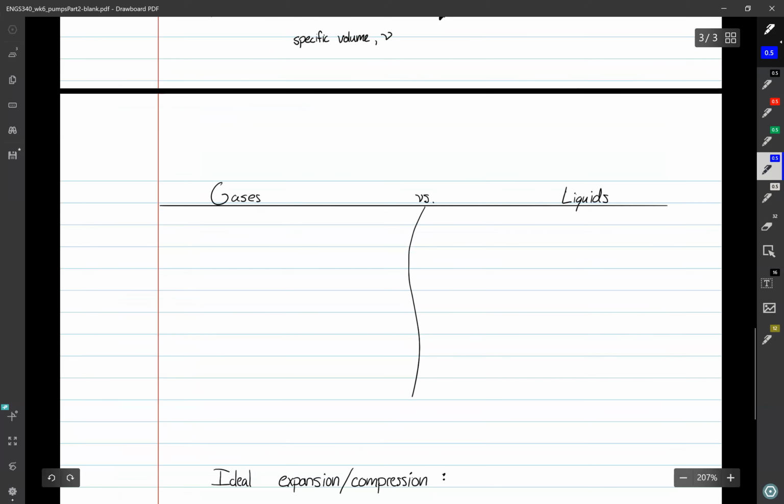For gases, a high specific volume leads to large work. Conversely, for liquids, a low specific volume means small work.